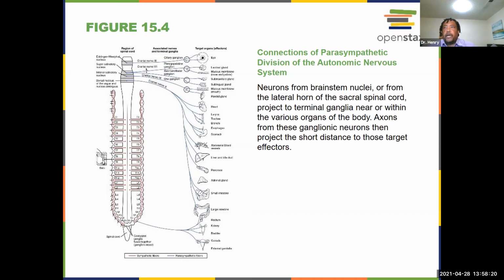Okay. So for instance, cranial nerve 3 is going to be connected to the ciliary ganglia, and then that's going to be connected to the eye. And cranial nerve 10 is going to be connected to our internal intestines, so all the stuff that's down here.